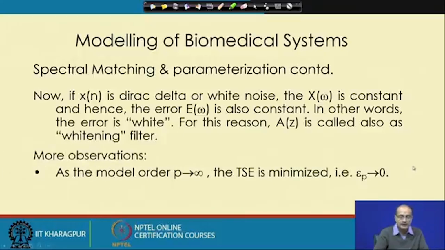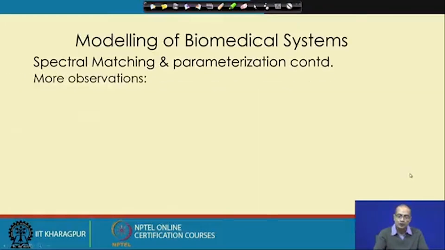Here are some more observations. As the model order increases, the total squared error, that is eta_p, actually decreases; eta_p tends to 0. So, we can conclude multiple things from there.